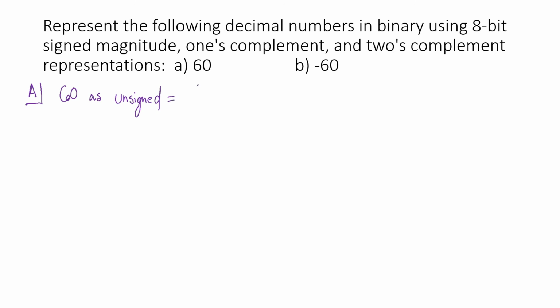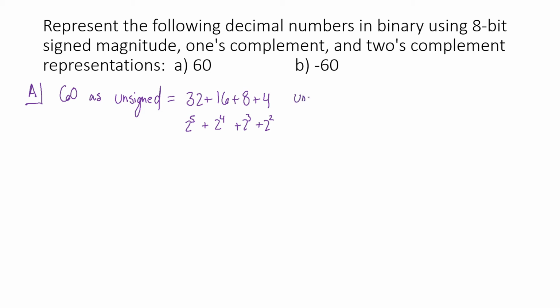60 corresponds to 32 plus 16 plus 8 plus 4. Correct? So that's 2 to the 5 plus 2 to the 4 plus 2 to the 3 plus 2 to the 2.